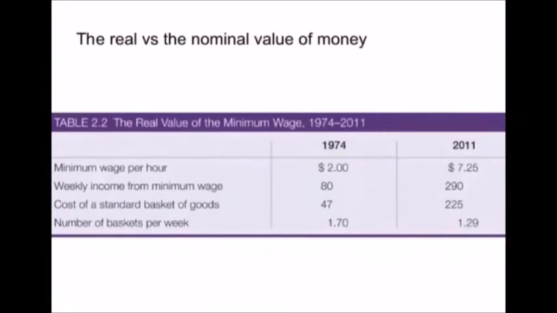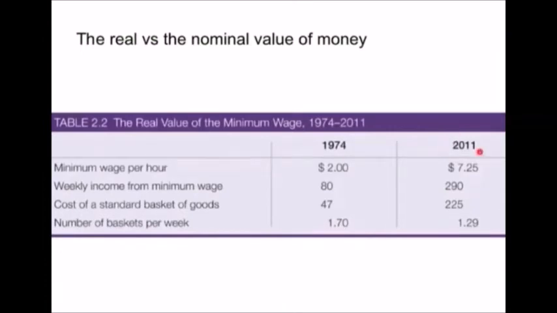But in 1974, prices were such that the cost of a standard basket of goods was $47. So how many baskets of goods could you buy if you worked for a week? If you worked for a week, you could earn $80. Each basket of goods cost you $47. So for one week's work, you could buy 1.7 baskets of goods.